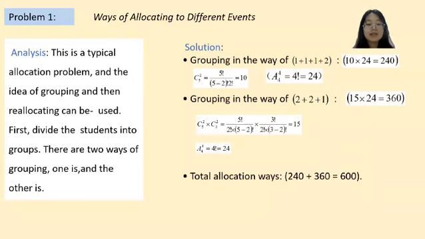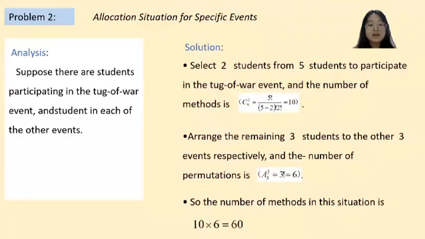Putting the numbers of methods of the 2 grouping methods together, 240 plus 360 equals 600, which is the total number of ways to allocate students to different events. The second question is about the allocation situation for a specific event.